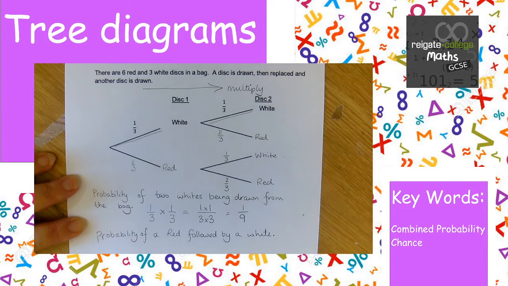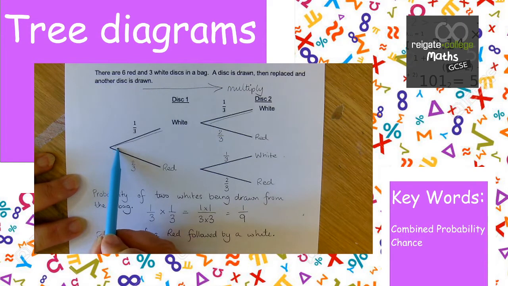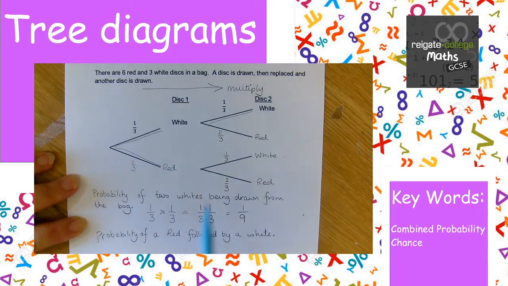So if my question was asking about pulling a red followed by a white counter from the bag, I'd take the bottom branch, the red at 2/3, and from here I'd take the top branch, a white, at 1/3. So that would be 2/3 multiplied by 1/3, which will give us a probability of 2/9.